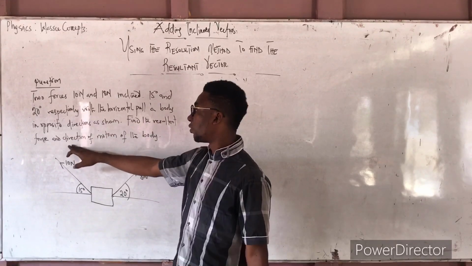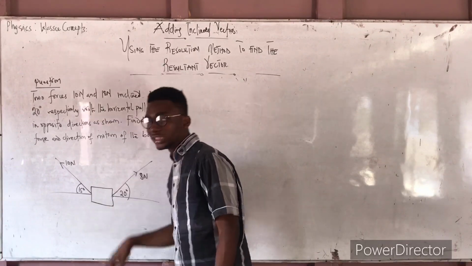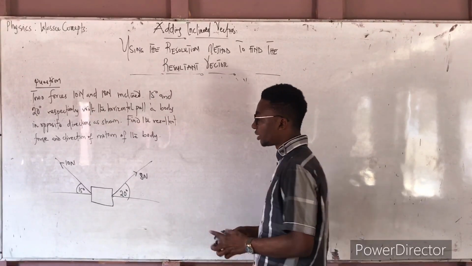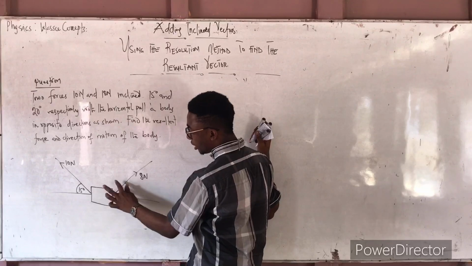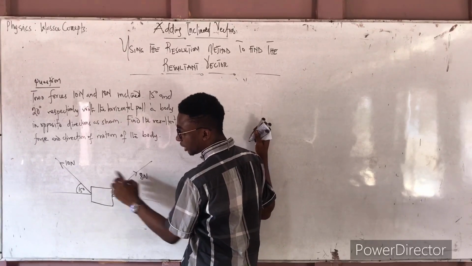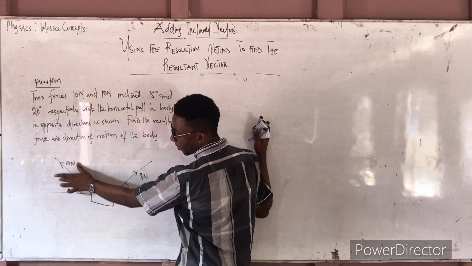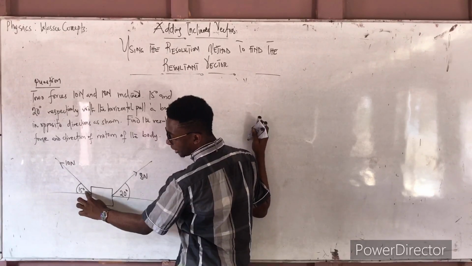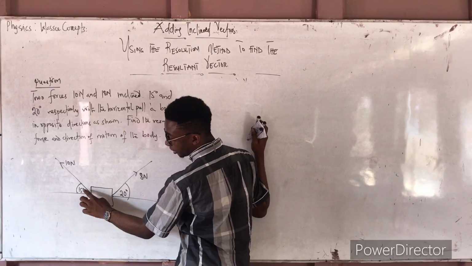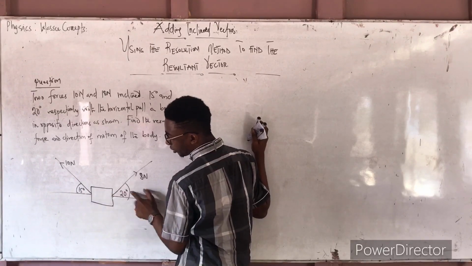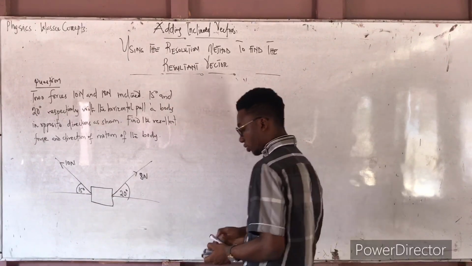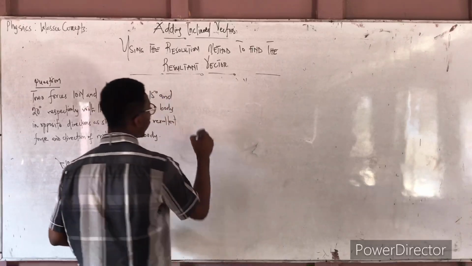Find the resultant force and the direction of motion of this particular body. So this is the body we are talking about, and there's a force of 18 newtons and a force of 10 newtons pulling the body, making angles of 15 degrees and 20 degrees.